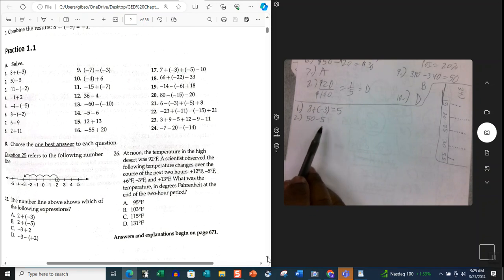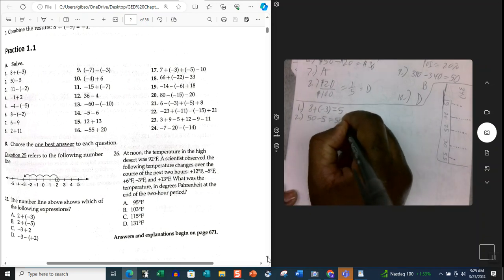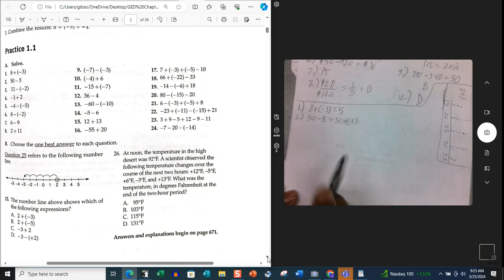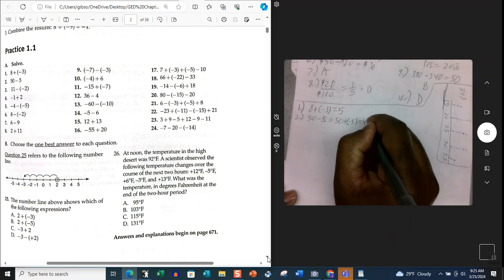Now we know we could go back and do regular subtraction like we've done in the past. And that will work and that is fine. Or we could change this to 50 plus a negative 5. So with both of these having different signs, we know that 50 is larger than 5, so our final answer would be positive. So 50 minus 5, we know is a positive 45.